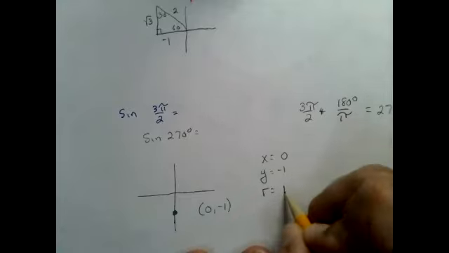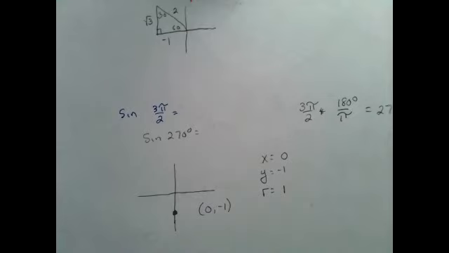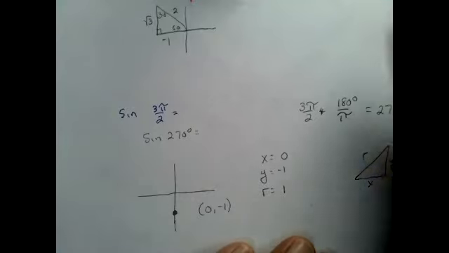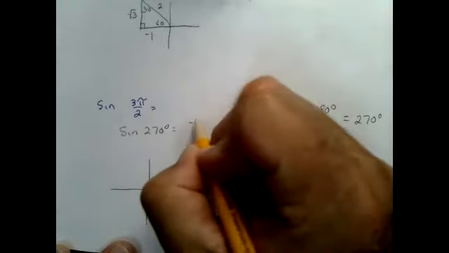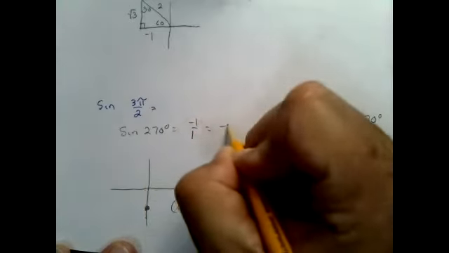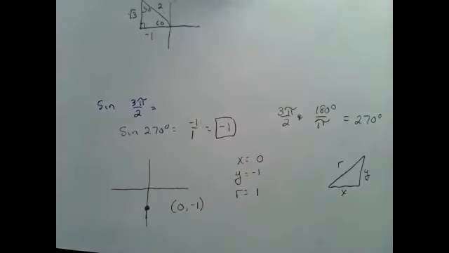So it looks like my radius is going to be 1. So now when I do my sine, just putting pieces together, this was x, this was y, and this was r. Sine was SOHCAHTOA, opposite over hypotenuse. It's going to be y over r, -1 over 1, which gives me -1.